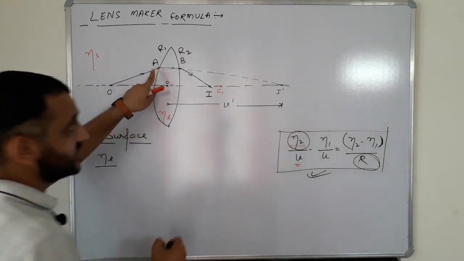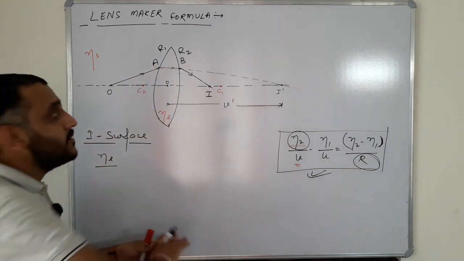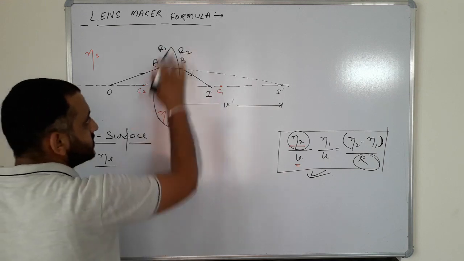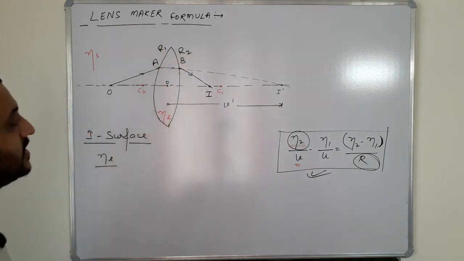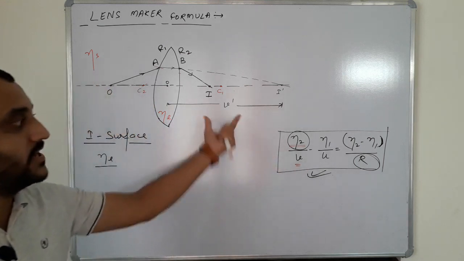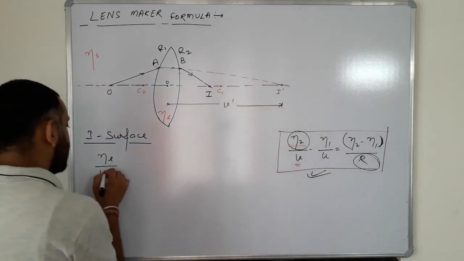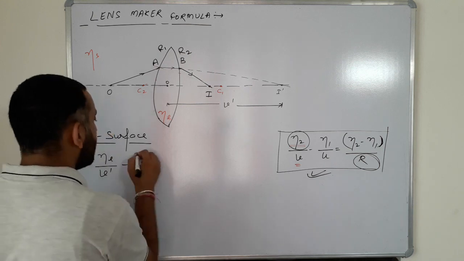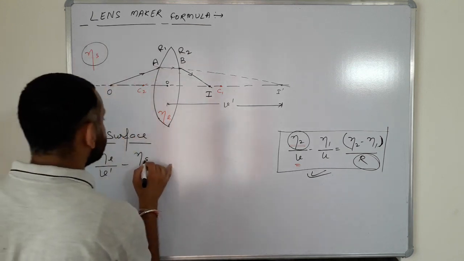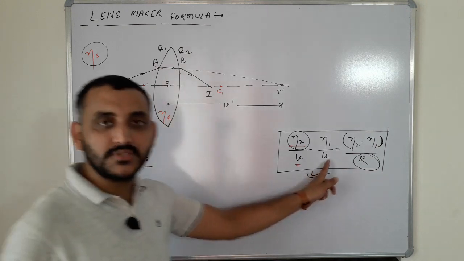For the first surface, for now forget the second surface, just see that there is only this particular surface. So the image distance will be v dash, see this one, v dash, minus η1, from where the ray is coming, ηs, by u, the object distance.